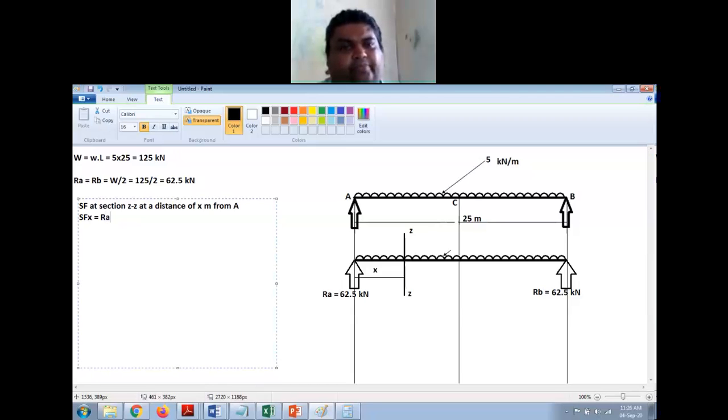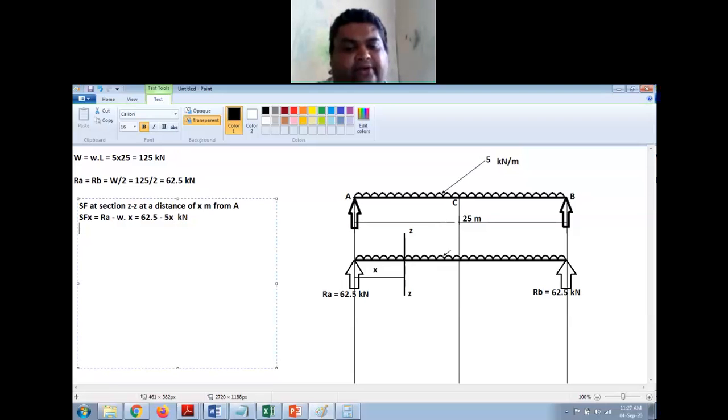So RA minus W into X, right? So the force here, all of the UDL in this length, is W into X. So this W is 5 and X is whatever value it is. So if you substitute this, it will be 62.5 minus W is 5 kilonewton, 5x. So the unit of this will be in kilonewton.